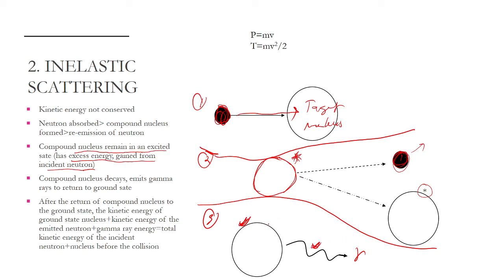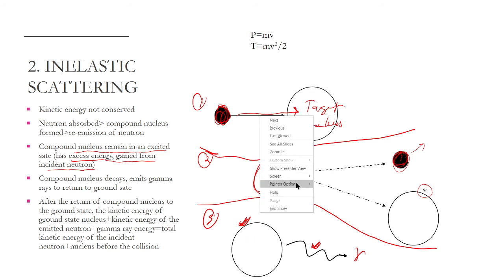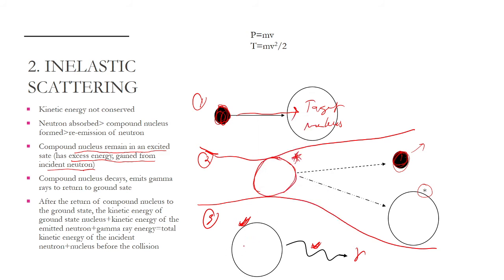So if you sum up the kinetic energy, the kinetic energy of the target nucleus is 1 over 2 m_t v_t dash squared. For the gamma ray, let's say the energy is E gamma.